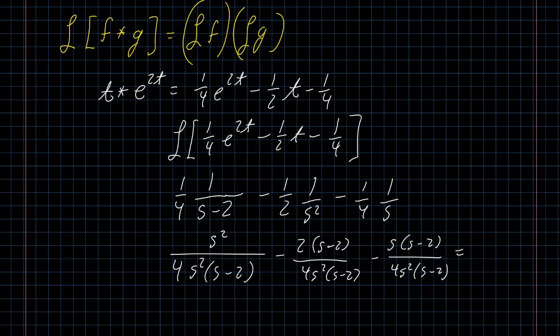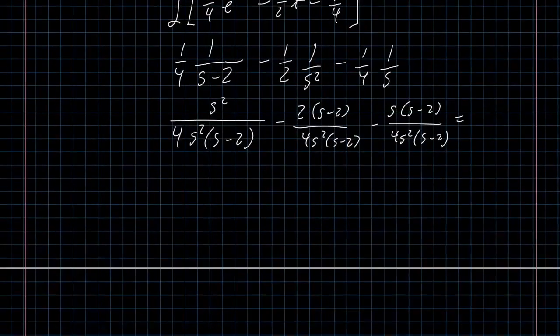And if we clean all of that up, let's see, that's s squared minus 2s plus 4 minus s squared plus 2s, distributing everything out.